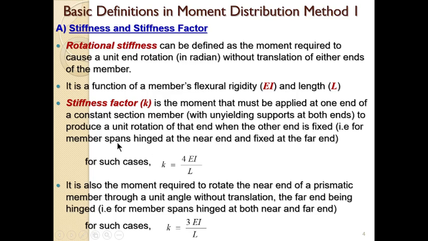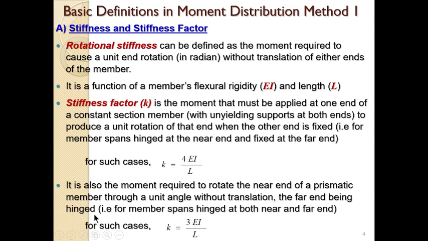Now for members spanning hinged at the near end and fixed at the far end, in such a case, the stiffness factor K is equal to 4EI over L. It is also the moment required to rotate the near end of a prismatic member through a unit angle without translation.